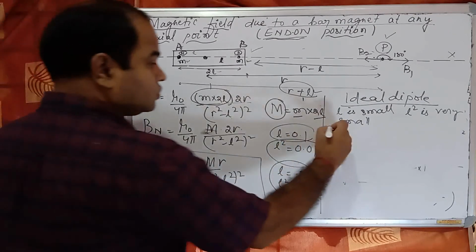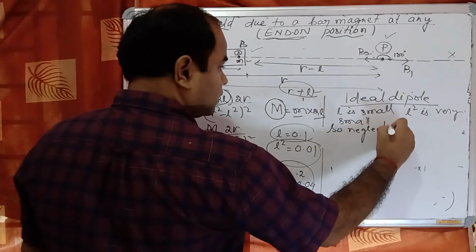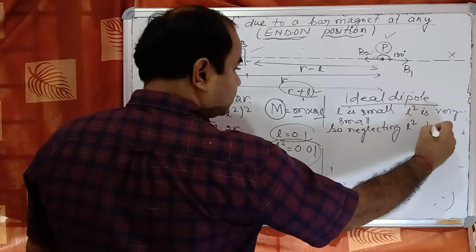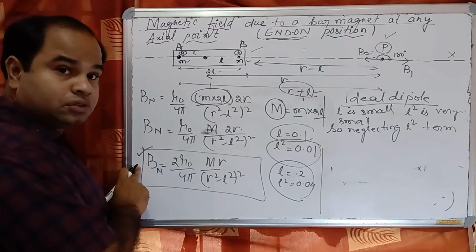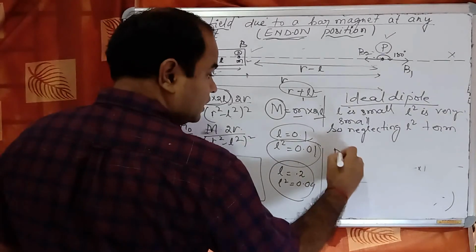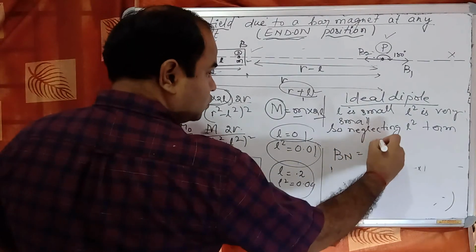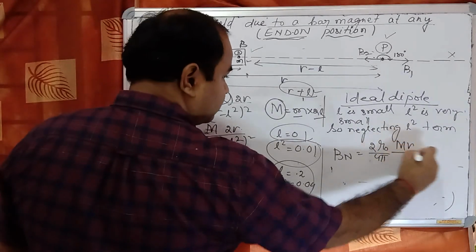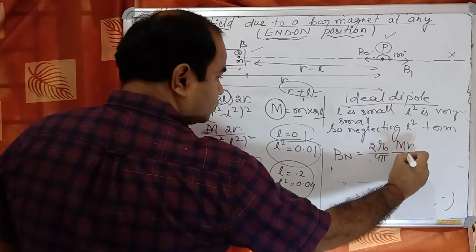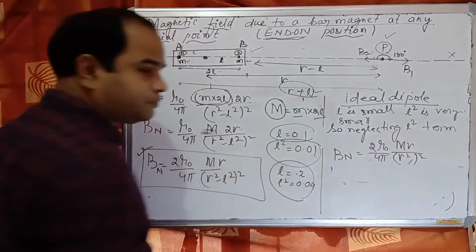So neglecting the L square term in the above equation, we can write Bn is equal to 2 mu naught by 4 pi m r divided by r square of whole square.